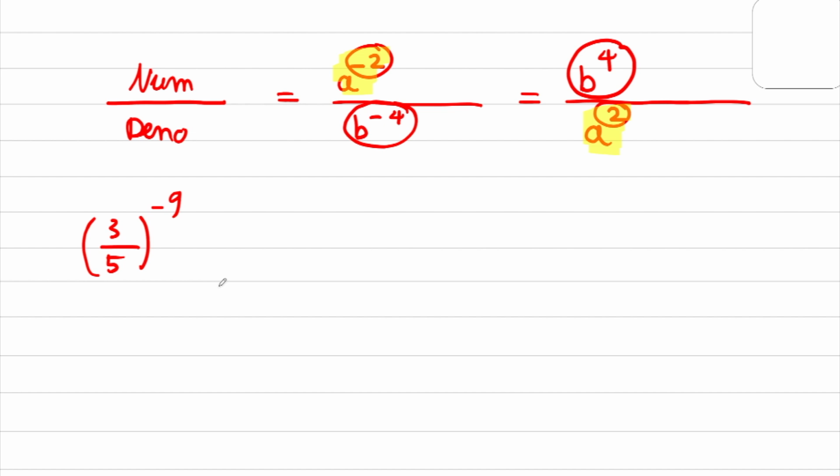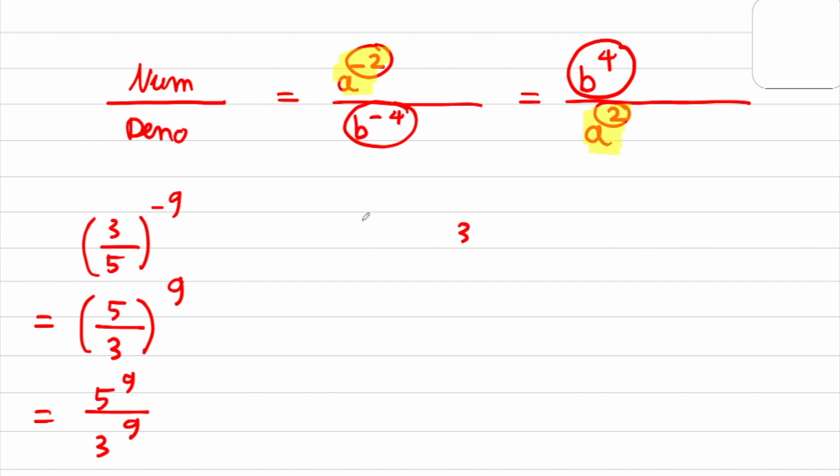The first step is you can change from minus 9 to 9 by taking the reciprocal, which is what the first video is about. So you can see here you have 5 to the power of 9 and 3 to the power of 9. That is the first way you can solve this negative indices.